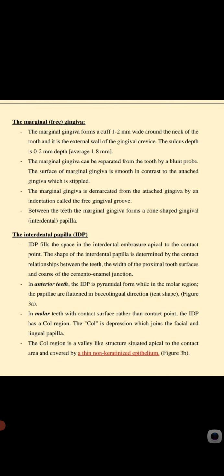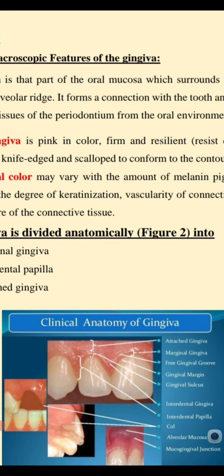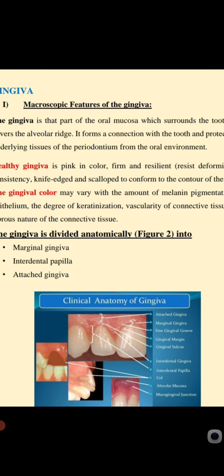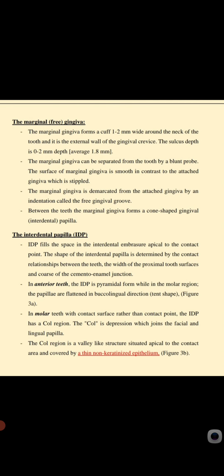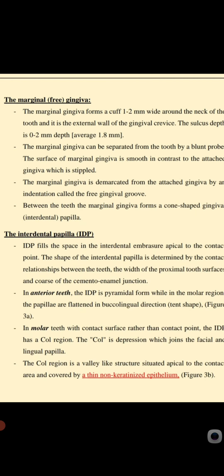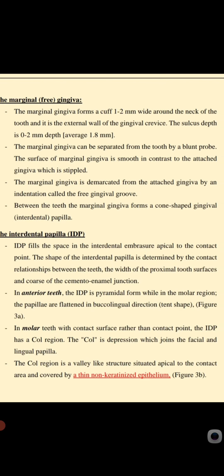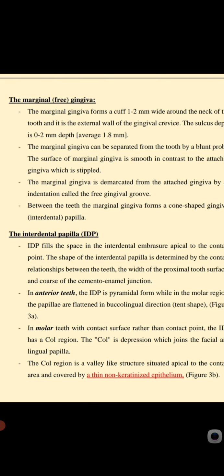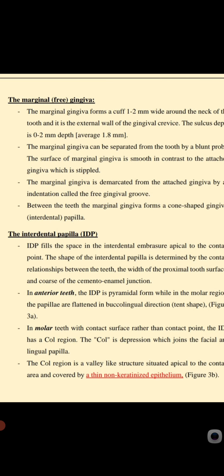The marginal gingiva is demarcated from attached gingiva by an indentation called the free gingival groove. This is the free gingival groove, which is an indentation, meaning a depression. Between the teeth, the marginal gingiva forms a cone-shaped gingival interdental papilla. This is about marginal or free gingiva.